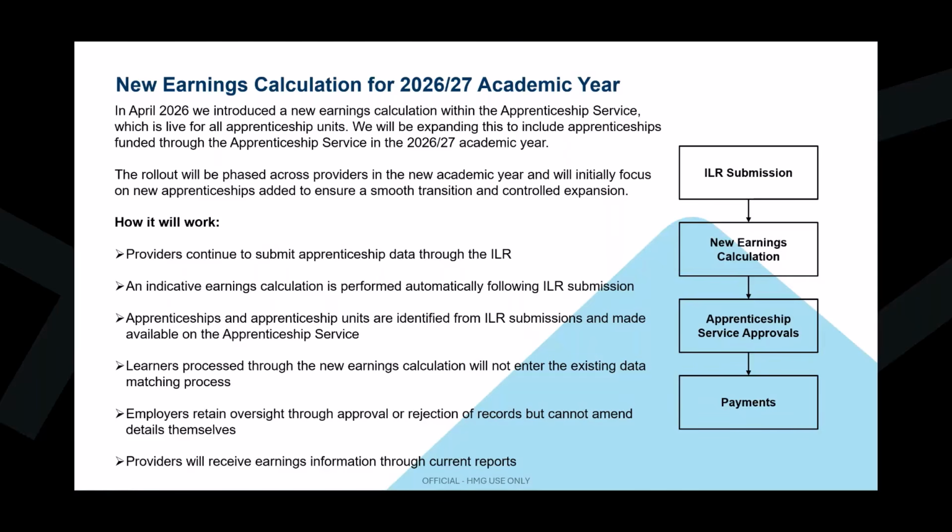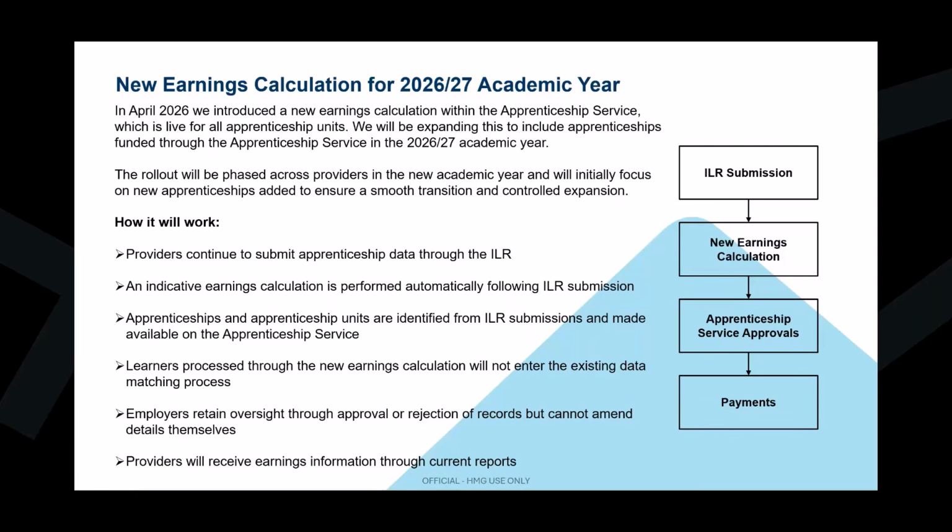We will generate indicative earnings for every ILR submission that we see, whether that be in month or the month end. Apprenticeships and apprenticeship units will be identified from your ILR submissions, and as colleagues have referenced earlier, we will bring that information through to the Apprenticeship Service. It will be populated for you, and that data can then be pushed over to employers for approval.